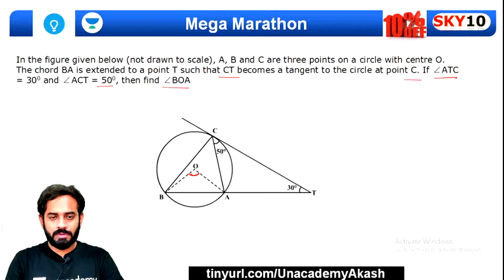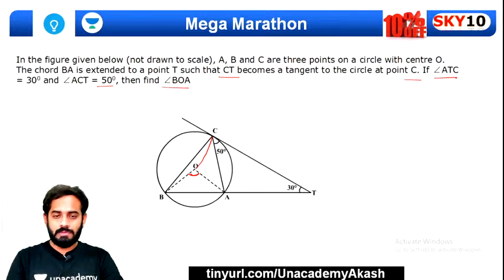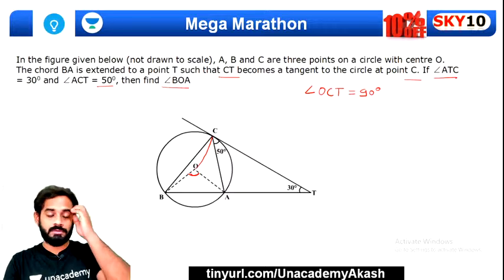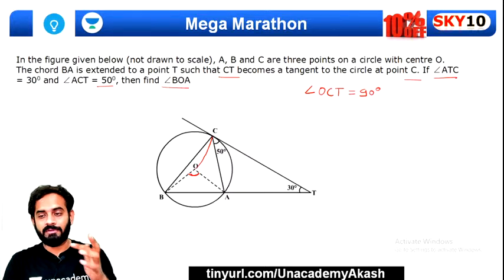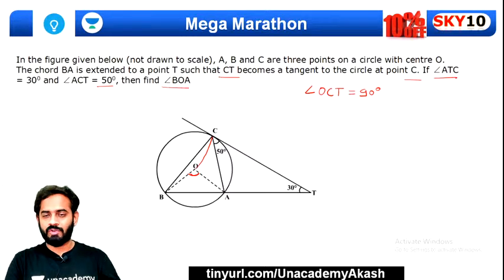Now, the first step is we'll have to join OC in this question. If we join OC, remember angle OCT will be 90 degree. Why? Because the angle between tangent and radius, from center to point of tangency, is always 90 degree.